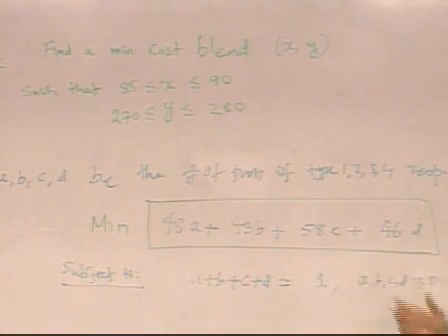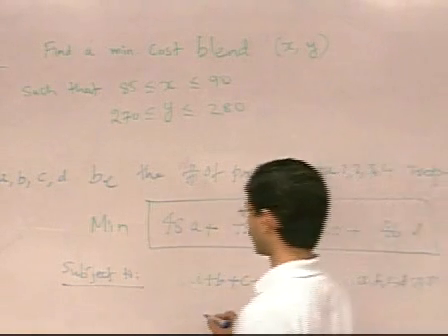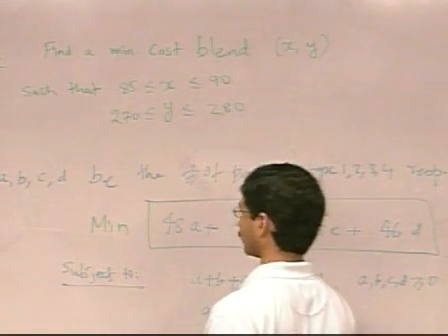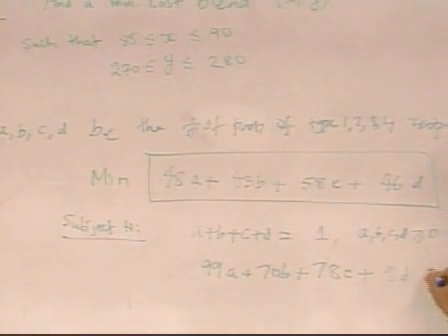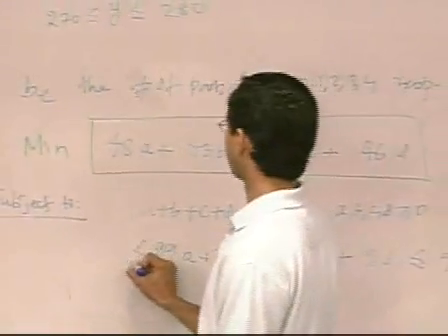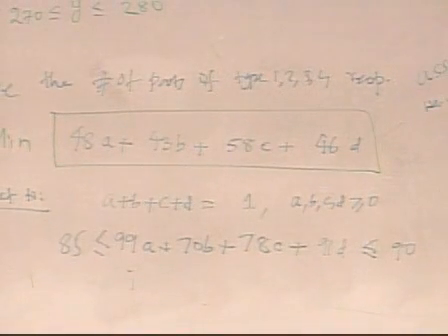Then what other constraints do you need for this to satisfy? Yes? 99A plus 70B plus 78C plus 91D has to be between 85 and 90, and I won't bother writing down the other constraint.